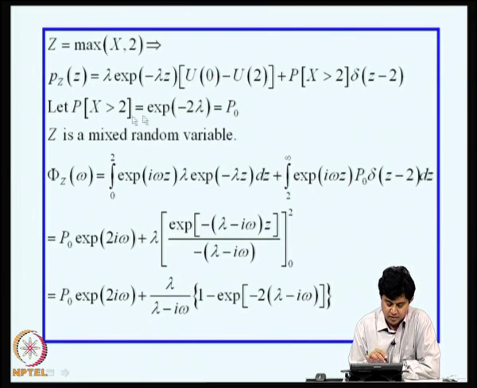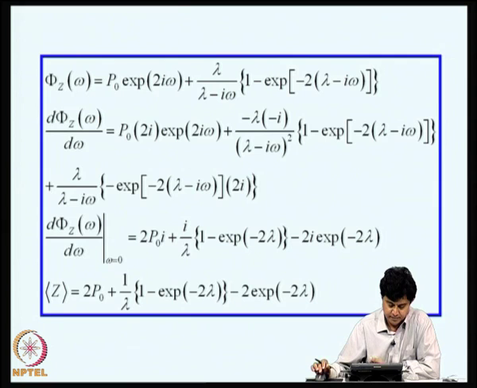Now, z becomes a mixed random variable, and we can show that the characteristic function is given by this. We can evaluate these integrals and show that the characteristic function is this. So, this simplification follows, and you can verify that these steps are acceptable.